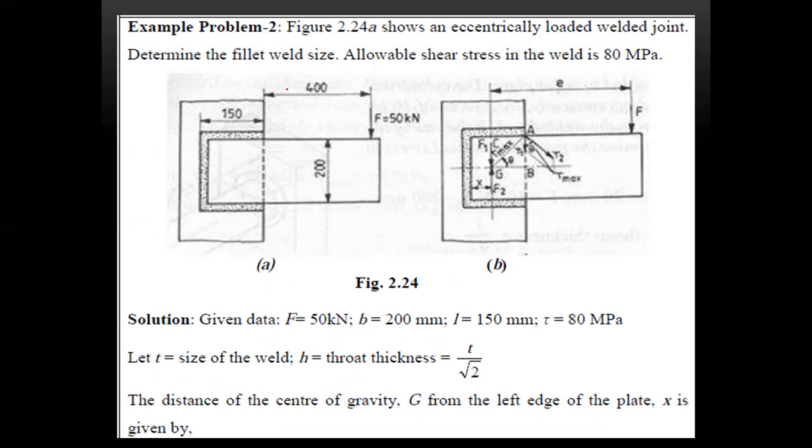Determine the fillet weld size, if the allowable stress is 80 MPa. Okay. Now what is given? See here, the figure itself gives the data. The weld length is 50, the total is 400 plus 5, the force is 50 kN, and the width of the plate is 200.